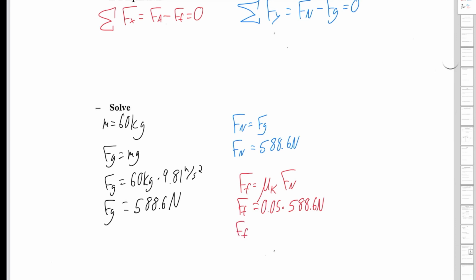And we can solve this to find that the force of friction is going to be equal to 29.43 newtons. So now we said before that our applied force is going to have to equal our force of friction. So we get for our final answer that our applied force is equal to 29.43 newtons.